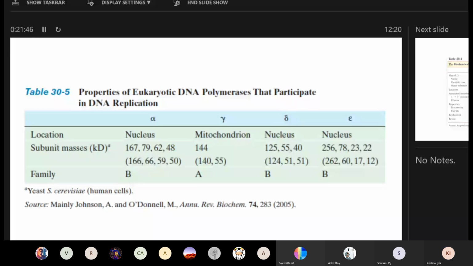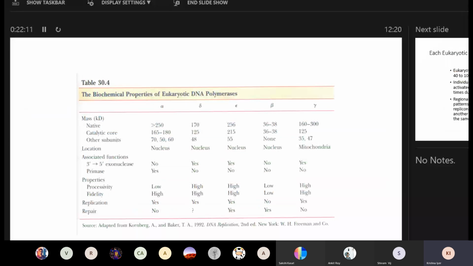Here is some information, especially in terms of size. Alpha, delta, and epsilon are in the nucleus, which means they are involved in replication of our main genome. Gamma is a mitochondrial enzyme, which means it is probably involved in the replication of mitochondrial circular DNA.